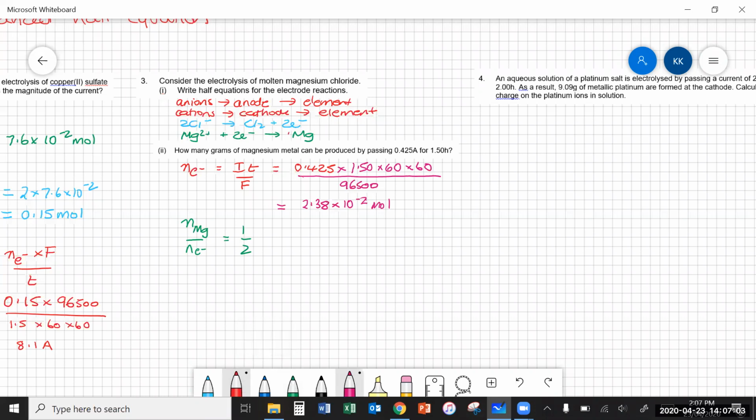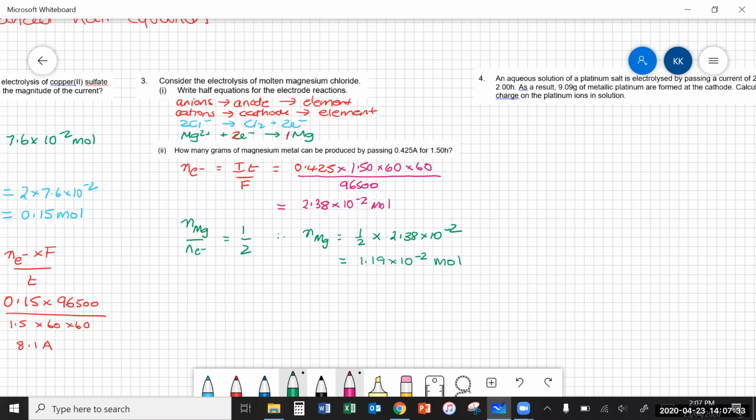You can see we have 1 magnesium and 2 electrons. So there's our mole ratio. And so our moles of magnesium is going to be half of our moles of electrons, which comes to 1.19 times 10 to the minus 2 moles.